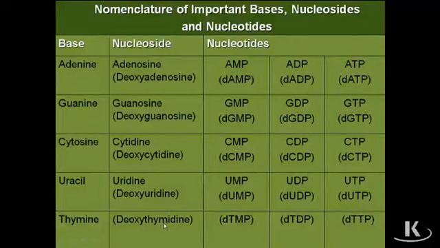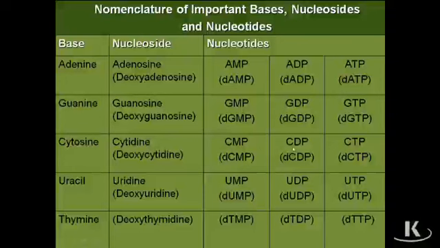So notice the nomenclature differences as you go from a nitrogen base towards a nucleoside. Oftentimes in textbooks and in speech, people will use these interchangeably, but on the exam, they're probably going to be a little bit more specific, so you should know the difference between the base and the nucleoside.